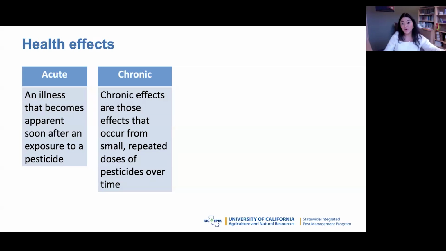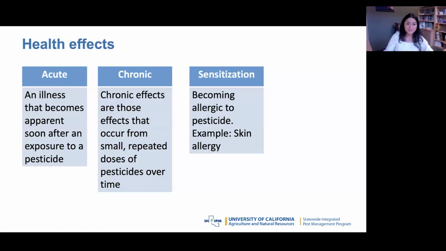If a person is sprayed with a pesticide by accident or a spill happens, typically you're going to encounter those effects right away. Whereas chronic health effects are those that are going to become apparent in the long term, not necessarily within 24 to 48 hours. It's going to be after small repeated doses of pesticides over time. And we're going to talk about what those are in a minute.